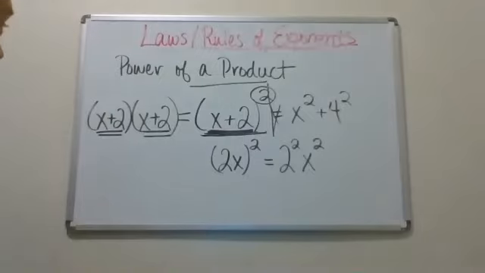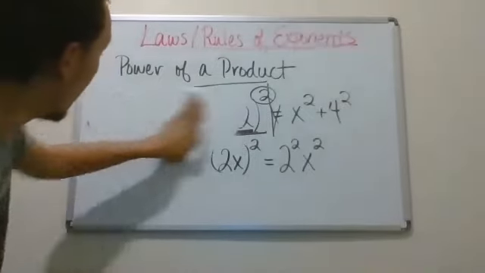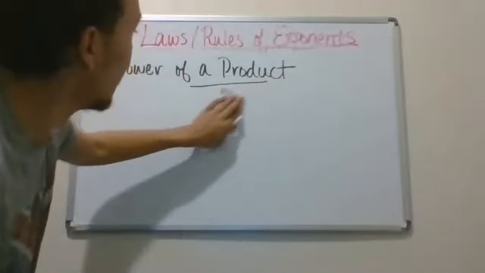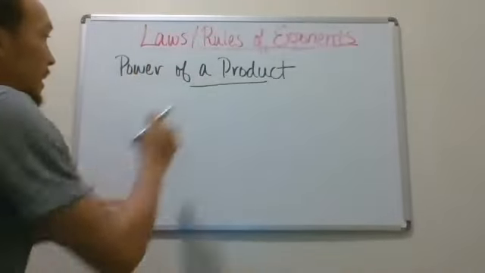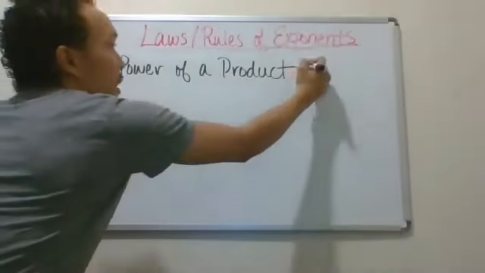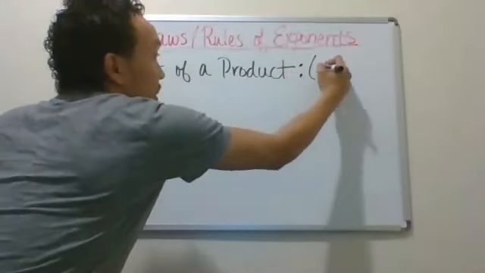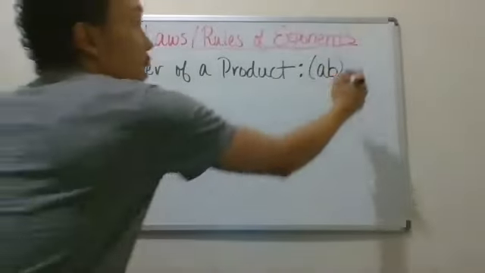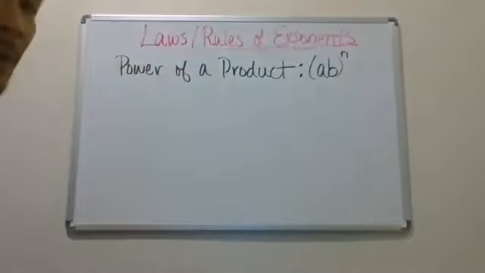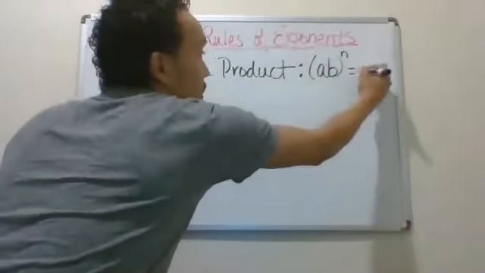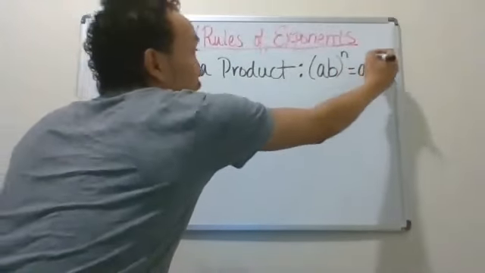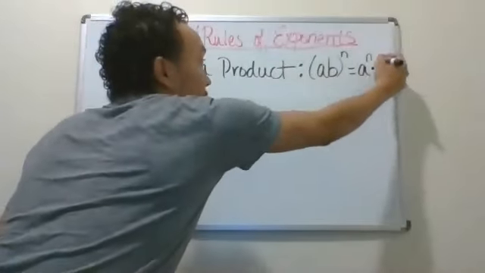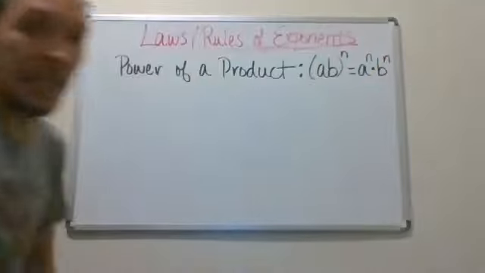So let's look at what a power of a product is. What that states is any two numbers, A, B, that we are raising to a power n is simply equal to that number A raised to the nth power times that number B raised to the nth power.